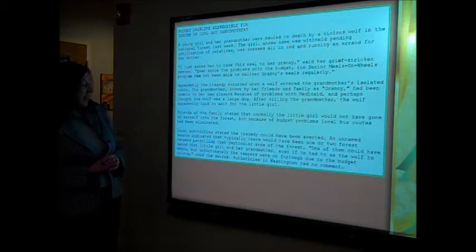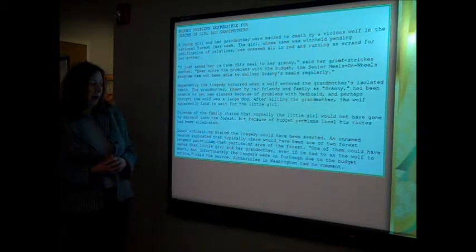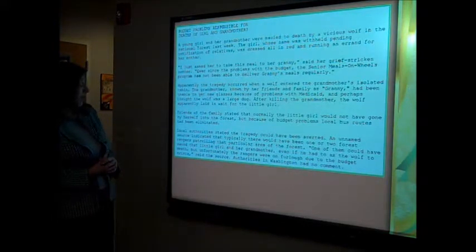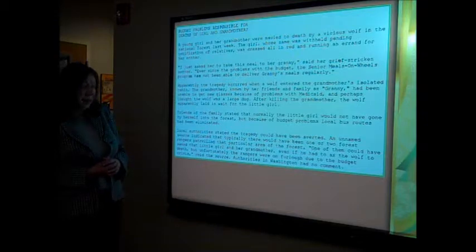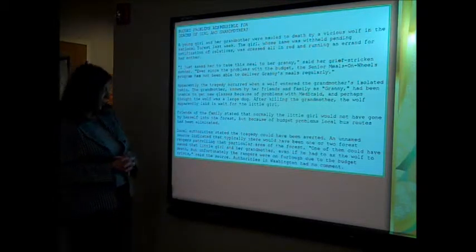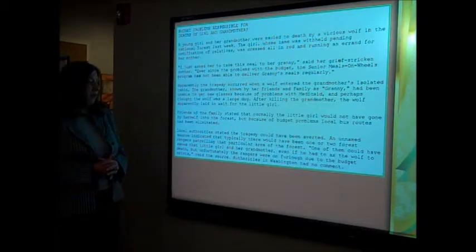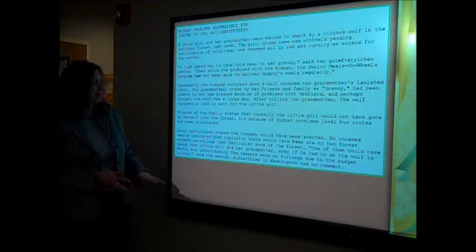An unnamed source indicated that typically there would have been one or two forest rangers patrolling the particular area of the forest. One of them could have saved that little girl and her grandmother, even if he had to axe the wolf to death. Unfortunately, the rangers were on furlough due to the budget crisis, said the source. Authorities in Washington had no comment.